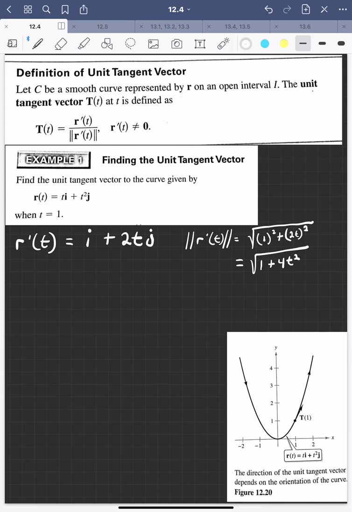And now we've got it. Now we can just build our unit tangent vector. It's going to be r prime over its magnitude.